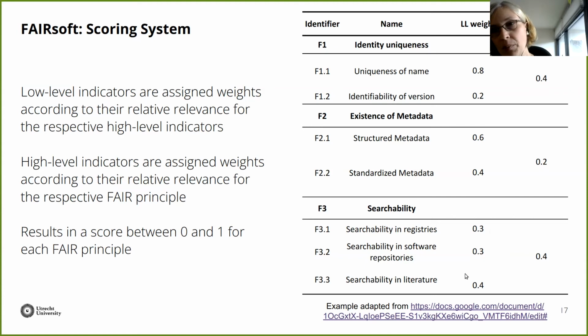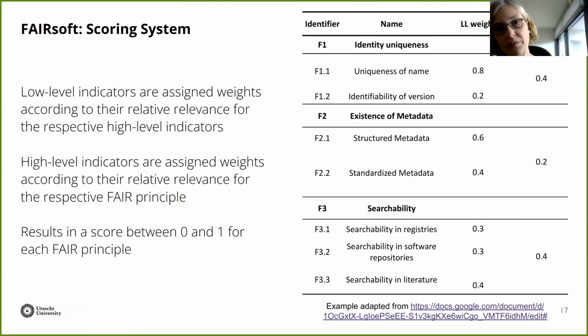So these always sum up to 1 for the relative importance within this one high-level indicator, and then the high-level indicators for the overall principle of findability are again assigned weights, and they sum up to 1. And then you can see this results ultimately in a score between 0 and 1 for each of the FAIR principles.